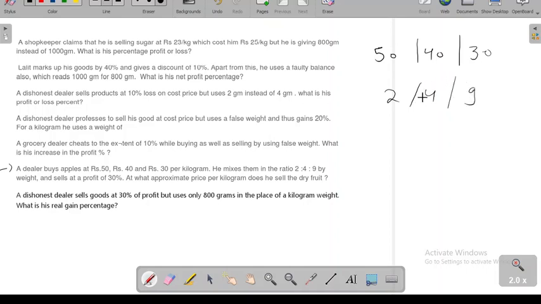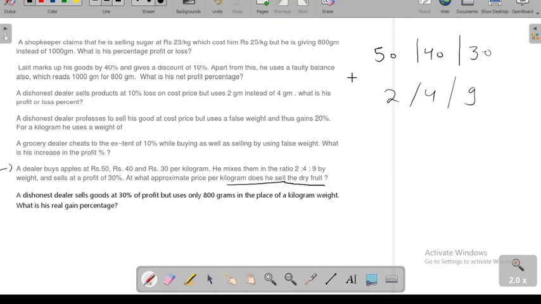And sells at a profit of 30%. At what price per kilogram does he sell the dry fruit?